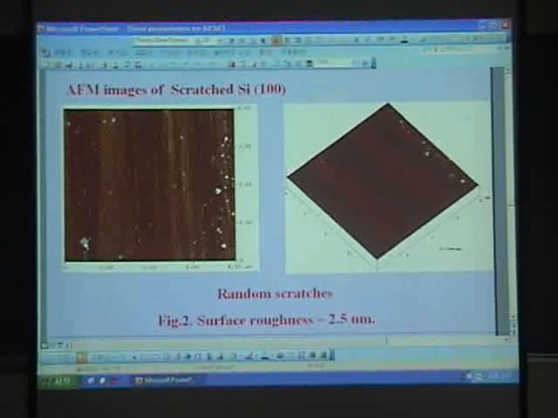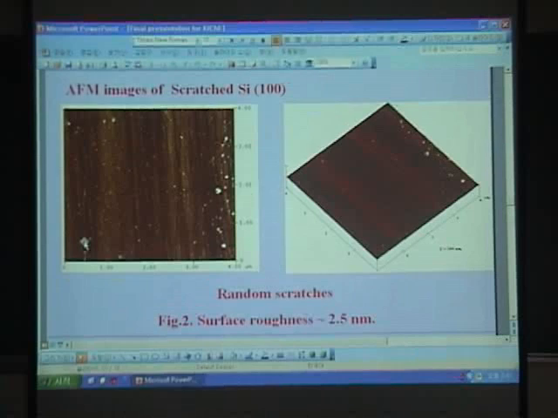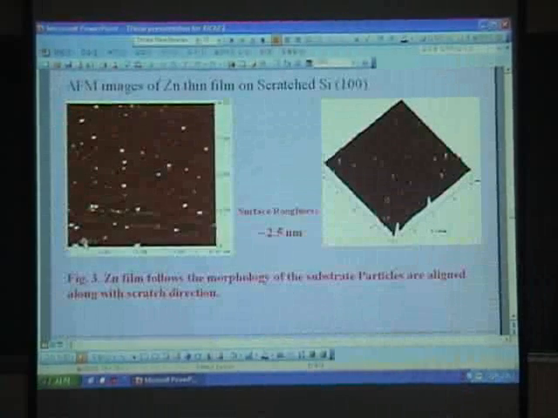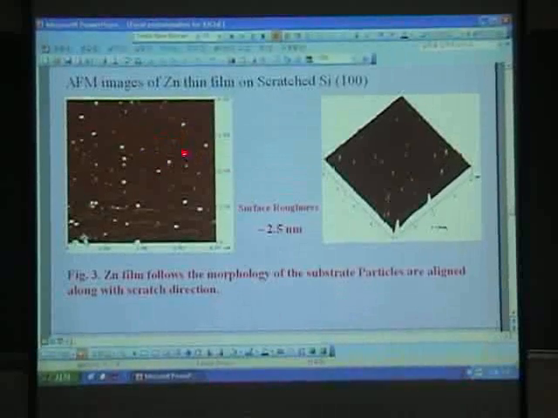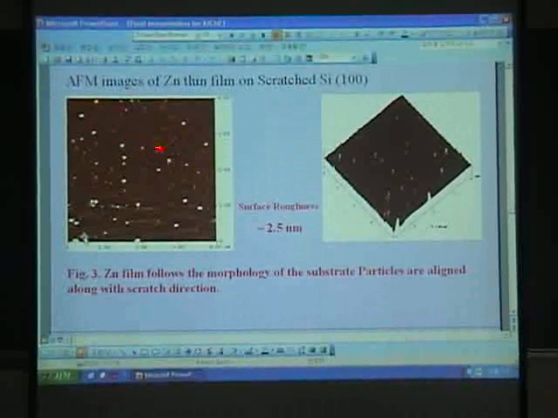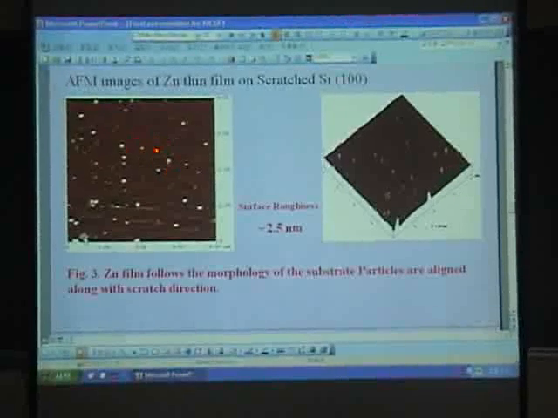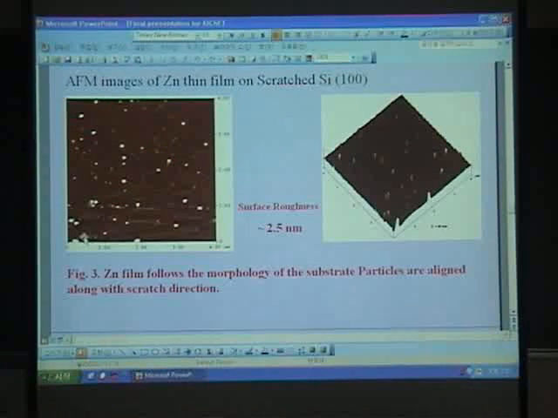The root mean square roughness is 2.5 nanometers. Then we evaporated the zinc on the substrate and analyzed it by AFM, and we got this type of image. Here we can also observe the scratches. This indicates that the film is thin, not so thick. That is why we can see the scratches here.